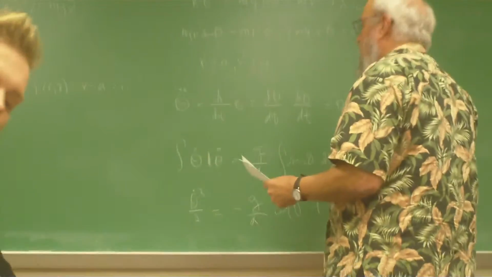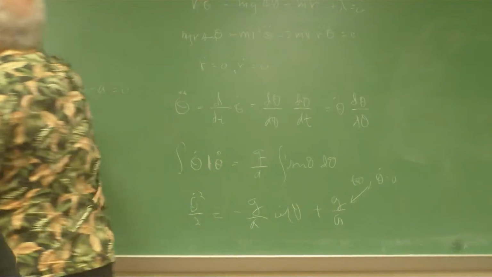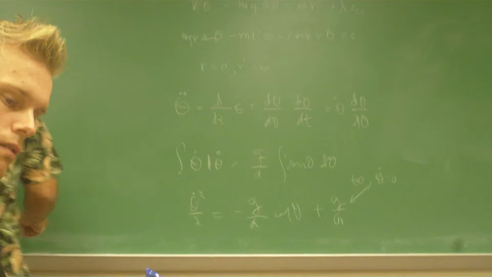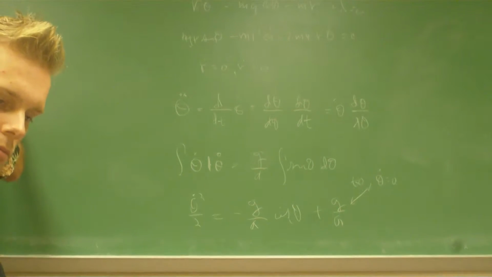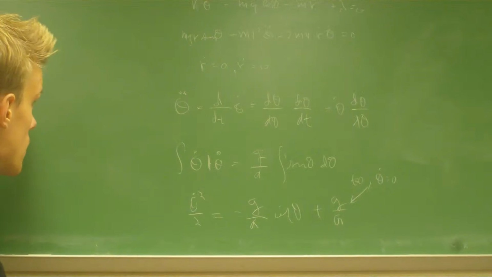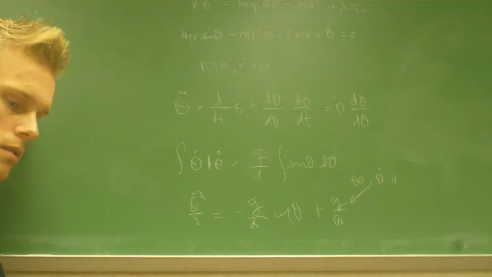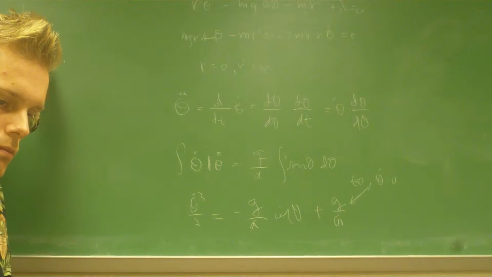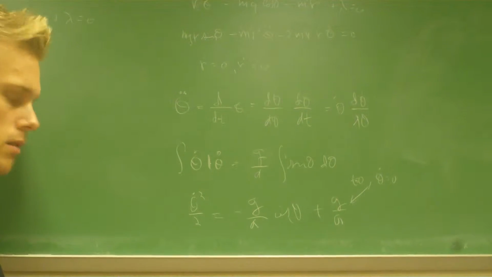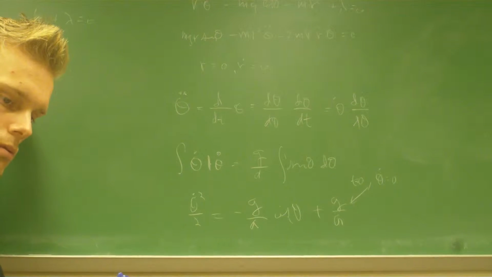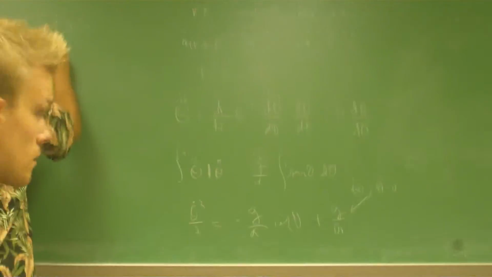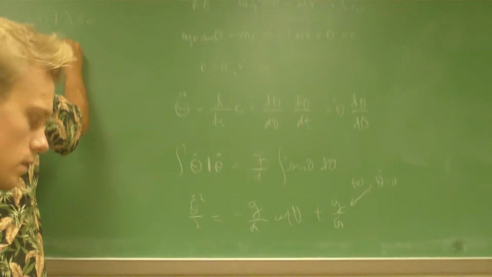So we can then back up and get m a theta dot squared minus mg cosine theta plus lambda is equal to 0, and mga sine theta minus ma squared theta double dot is equal to 0.